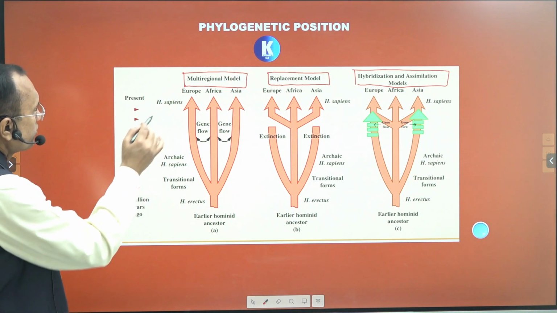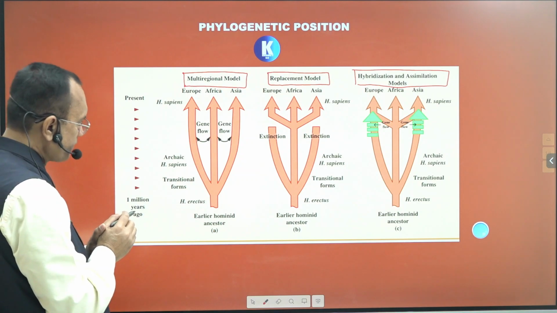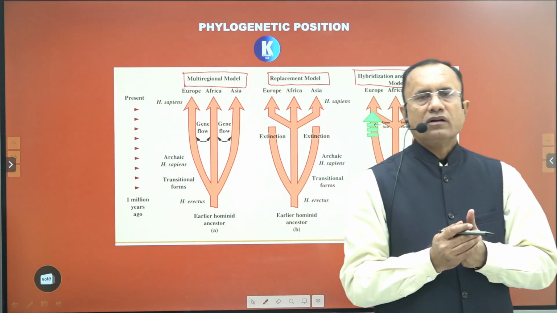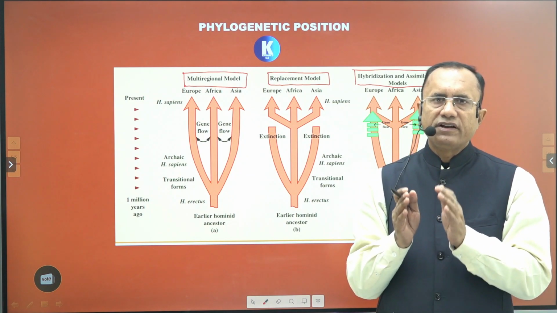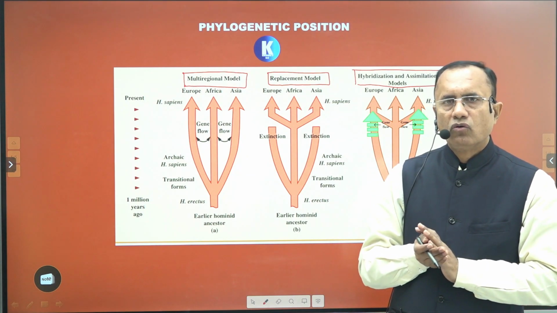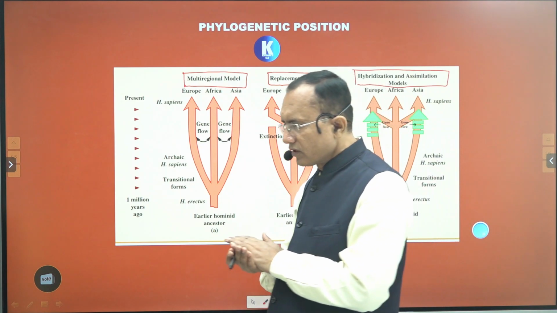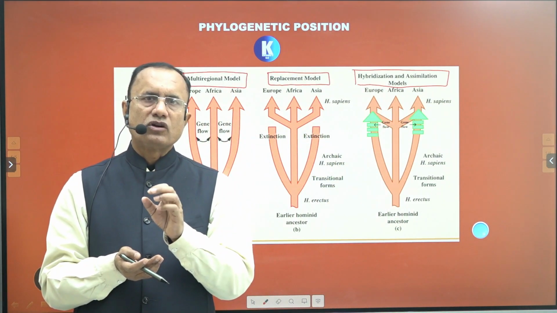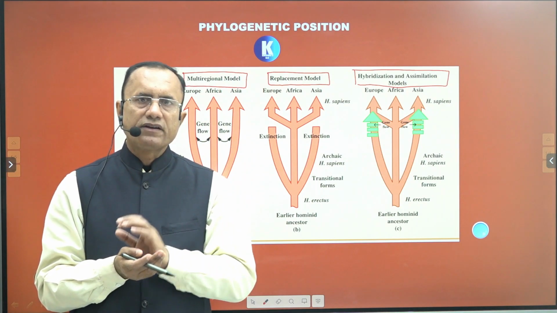So first, if you talk about multi-regional model, according to multi-regional model, in different regions, Homo sapiens was evolved from the Homo erectus of that particular region, right?